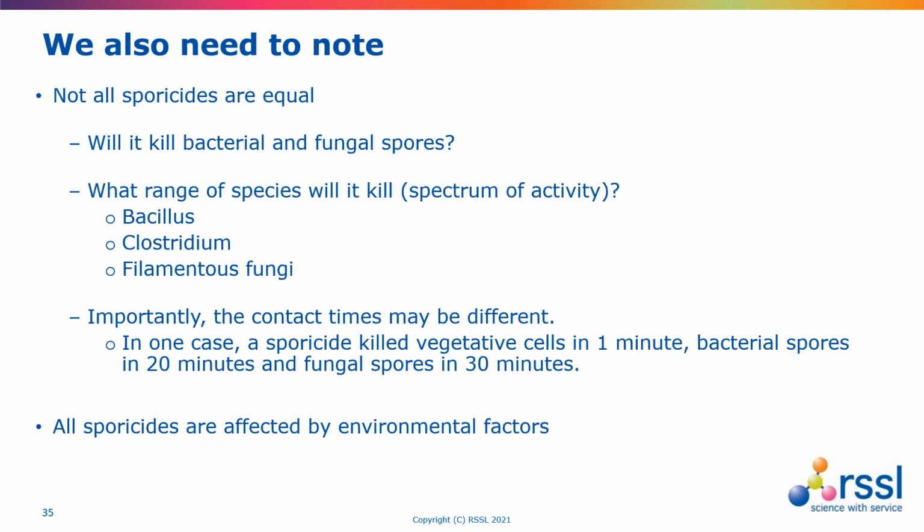But it's important to note that not all sporicides are equal. We need to ensure that we're getting good bacterial and fungal spore kill, and we know that we're able to kill the most challenging organisms that we will find within the particular facility that we're looking at. And we need to have contact times that we can live with as well.